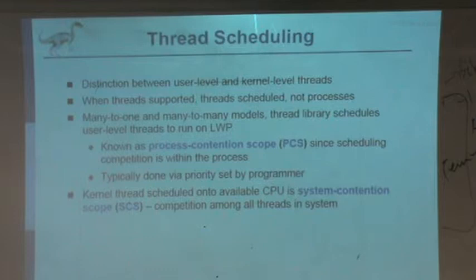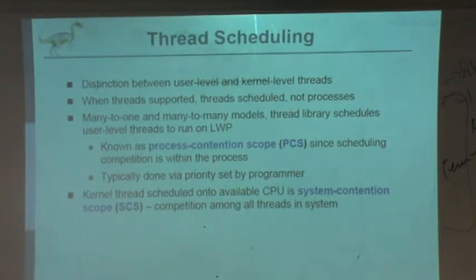How can we schedule? Each thread needs CPU resource, right? Because it has its own series of instructions. How can we schedule? Using the same algorithms. We need to consider scheduling of threads. So a thread can be considered as a process.